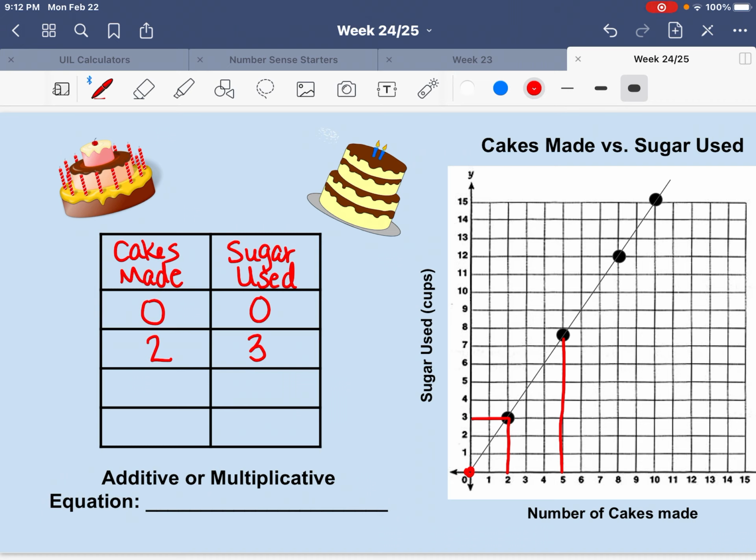What's 5 times 1.5? Well, I don't know. Let's see. 1.5 times 5. 5 times 5 is 25. 5 times 1 is 5 plus 2 is 7.5. Don't forget the decimal. So if you make 5 cakes, you're going to use 7.5 cups of sugar.